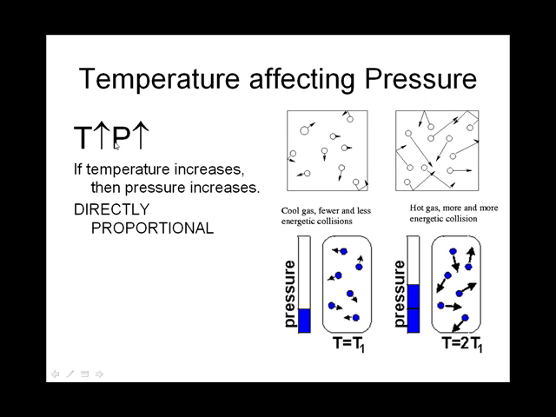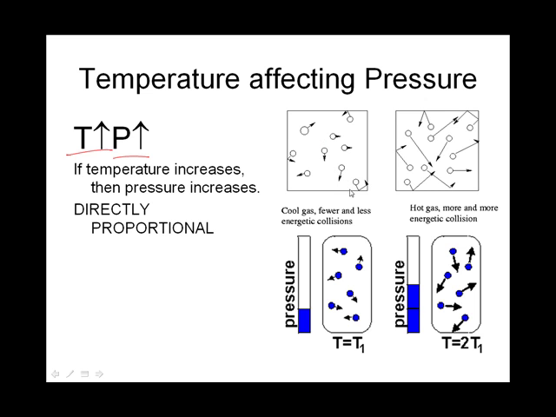So now let's talk about the relationship between pressure and temperature. This box shows you a picture of the particles going at a specific speed. And as you can see, the arrows are a little bit smaller, indicating that the particles are not moving as fast.